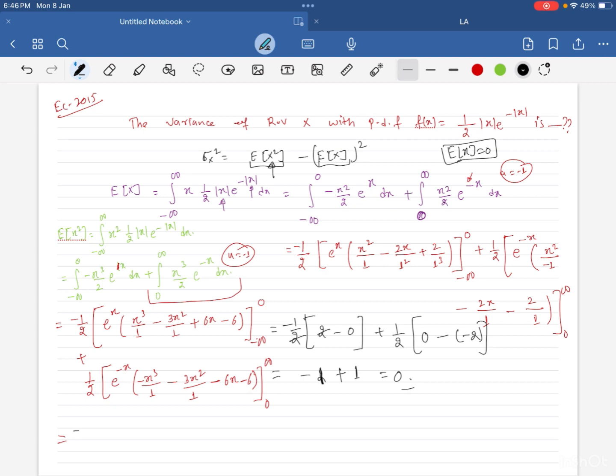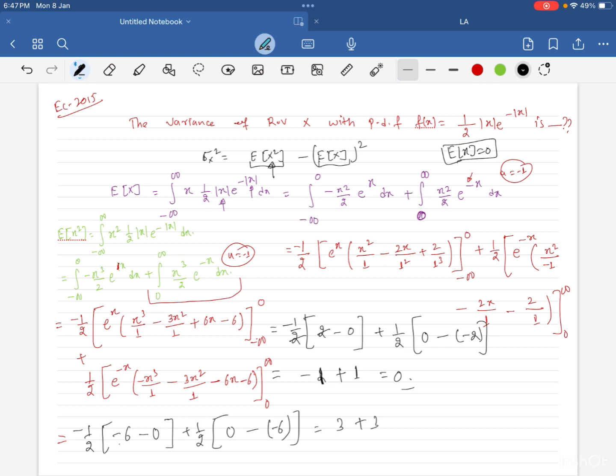Right, now you can put the limits. After putting the limits, you will get minus half e to the power 0, that is 1, and so on. So here we will have minus 6, and minus e to the power minus infinity, that is 0, and plus half e to the minus infinity is 0, and here we will have 0, 0, 0 and minus 6. So what you are going to get is 3 plus 3, minus 6.